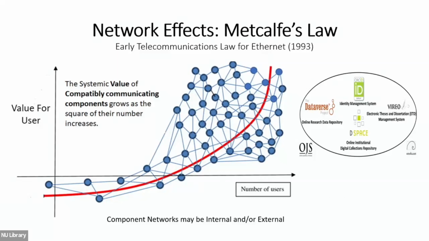And so looking at things from the analytic left brain side of the equation, the law says the systemic value of compatibly communicating components grows as the square of their number increases. And so you can see here, as the number of nodes increases, larger structures begin to form.